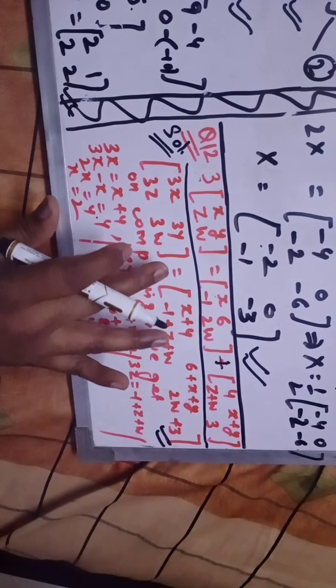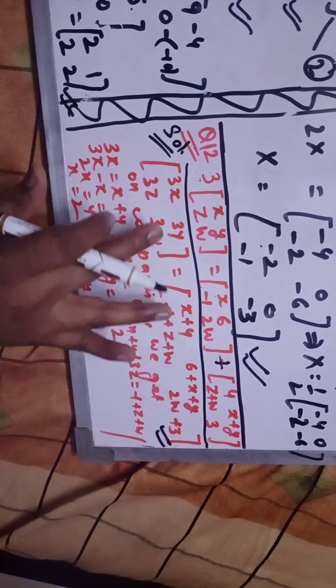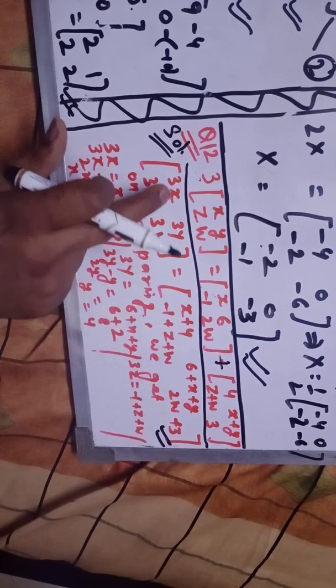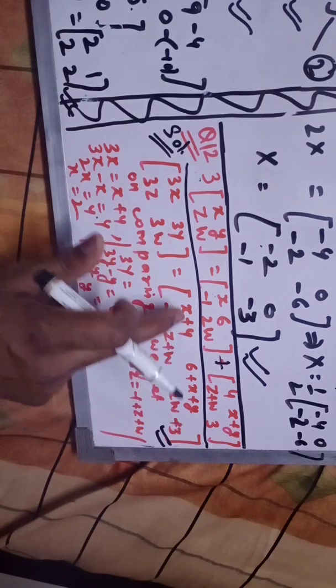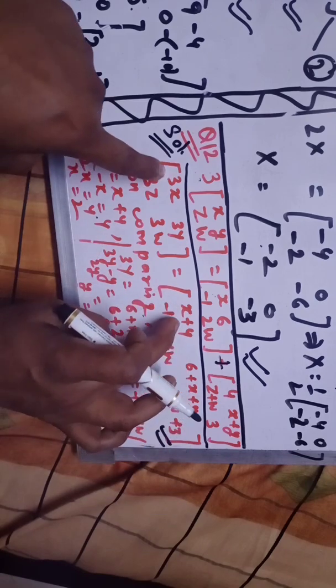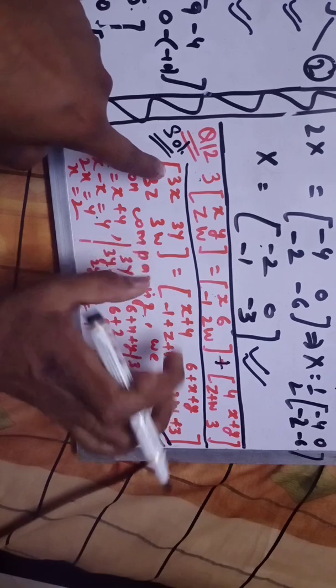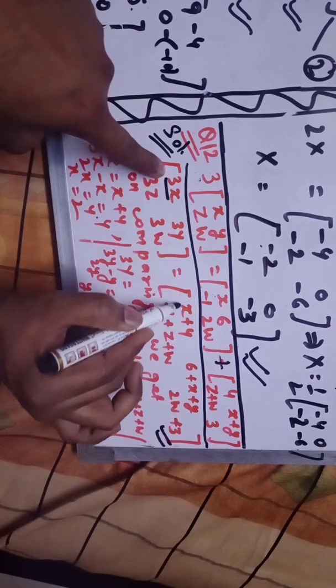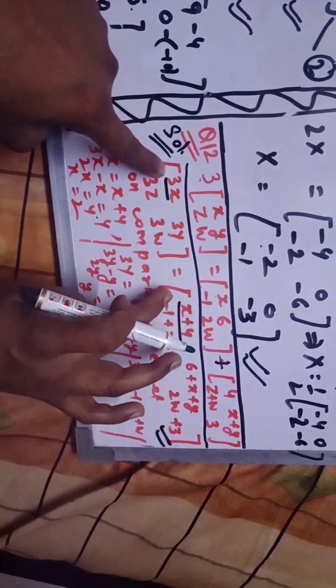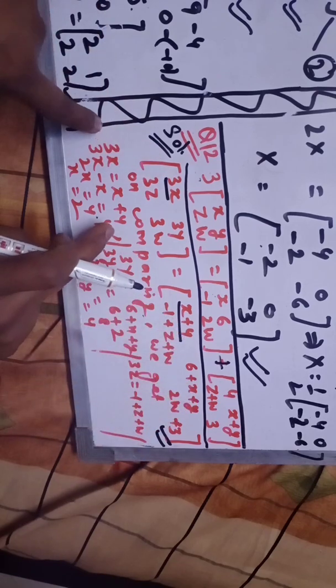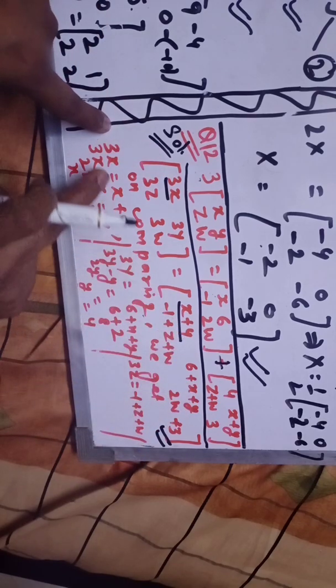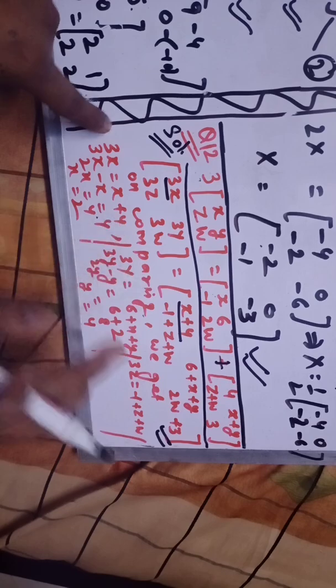After this, you have to compare both sides, that is 3x is equals to x plus 4. You have to compare the two matrices. Fine, both are the equal matrices and we are comparing this element with this element. So 3x is equals to x plus y, here it is. 3x is equals to x plus y.